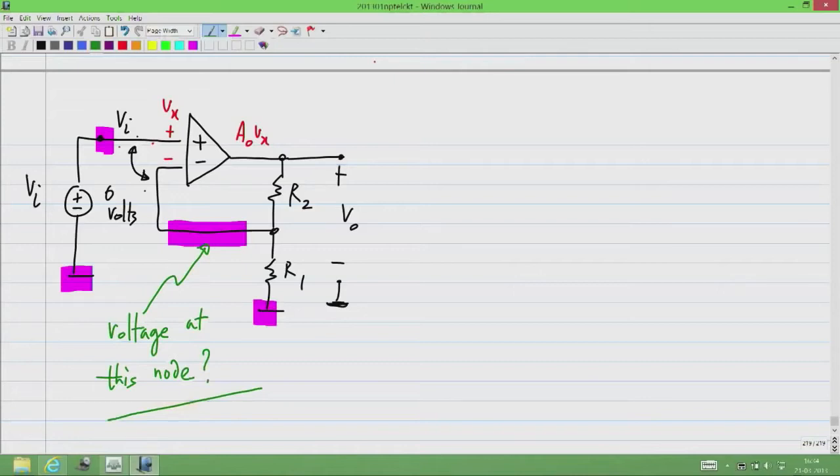What is the voltage at that node? So if there is a virtual short between the inputs of the op-amp, what is the voltage at this highlighted node? I will highlight it again, this node.